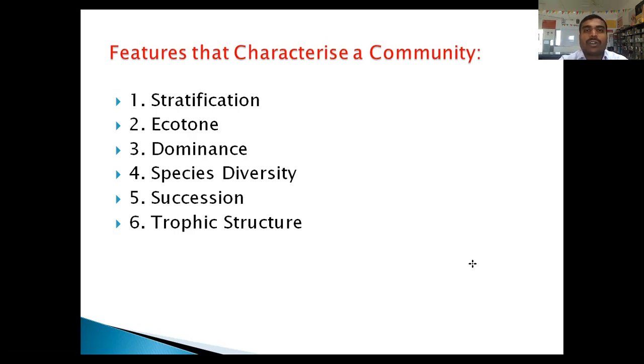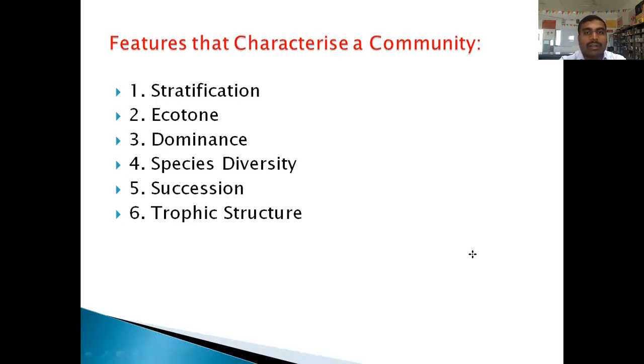The feeding relation of species in the community determines the flow of energy and material from plant, that is herbivorous, to carnivorous, and this exists as a self-sufficient, perfectly balanced assemblage of organisms. It is called trophic structure. First trophic level, second trophic level, third trophic level, and so on. These are some features of community.